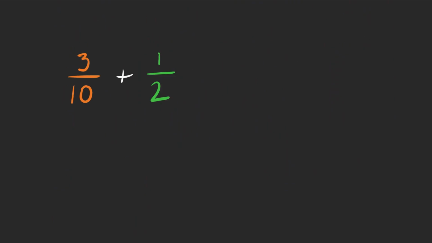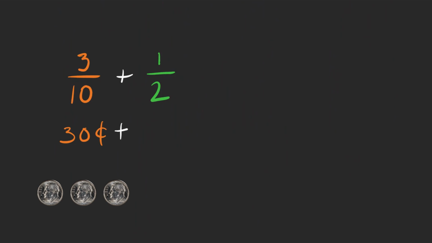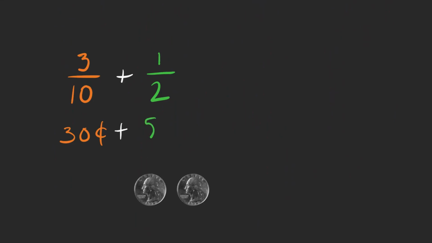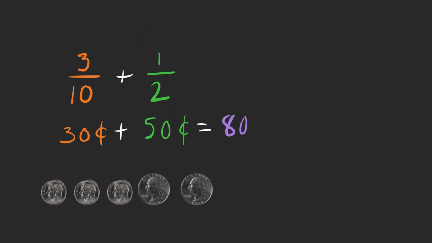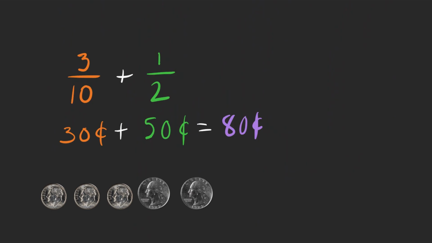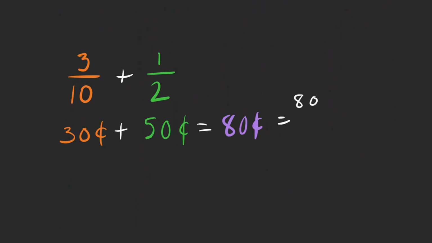Now 3/10, remember we said 1/10 was a dime, so 3/10 must be 30 cents. And 1/2 is 50 cents. And then we get 30 cents plus 50 cents, and we get 80 cents. 80 cents is the same as 80 over 100.